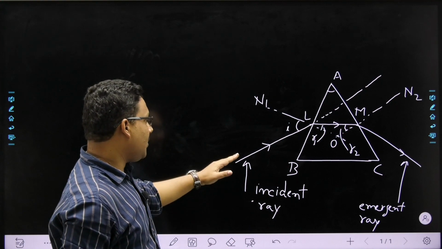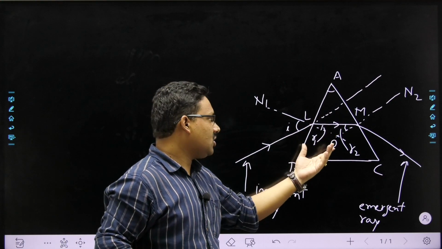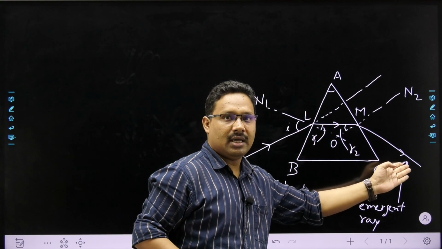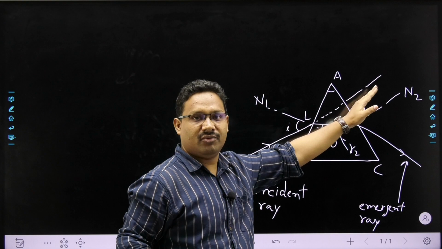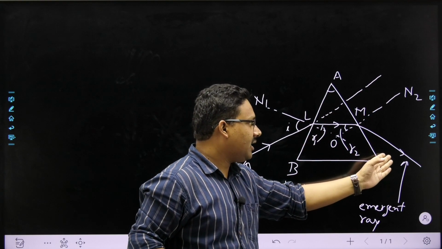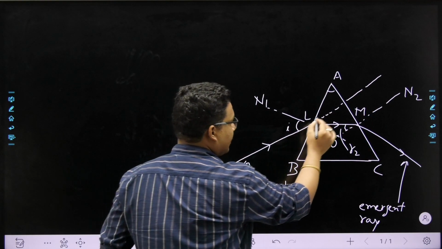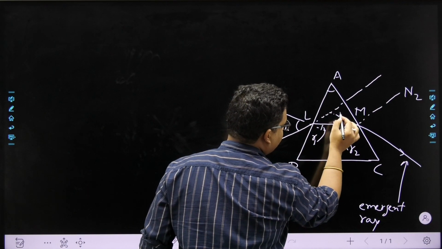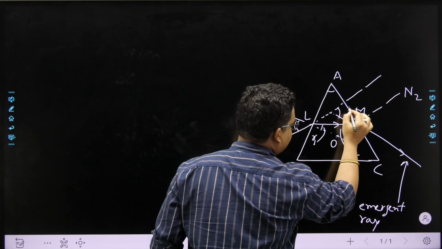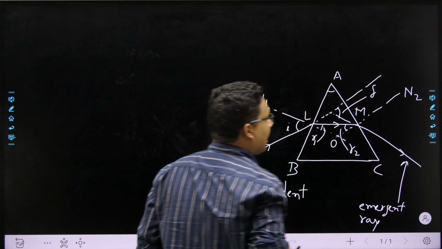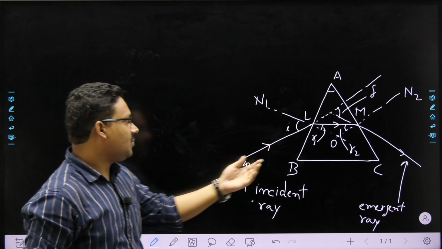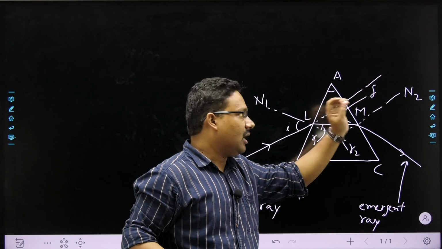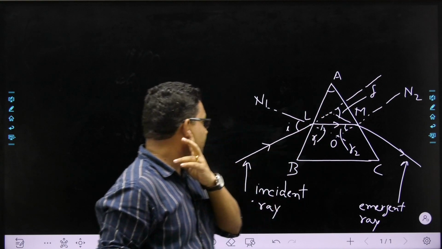So this is the original path of the ray, but because of the prism it suffers two refractions and goes like this. If we extend the incident ray and the emergent ray, we get the deviation. This angle is called the angle of deviation: because of the prism, the incident ray is deviated through this angle delta. Now we will get the value of this delta.